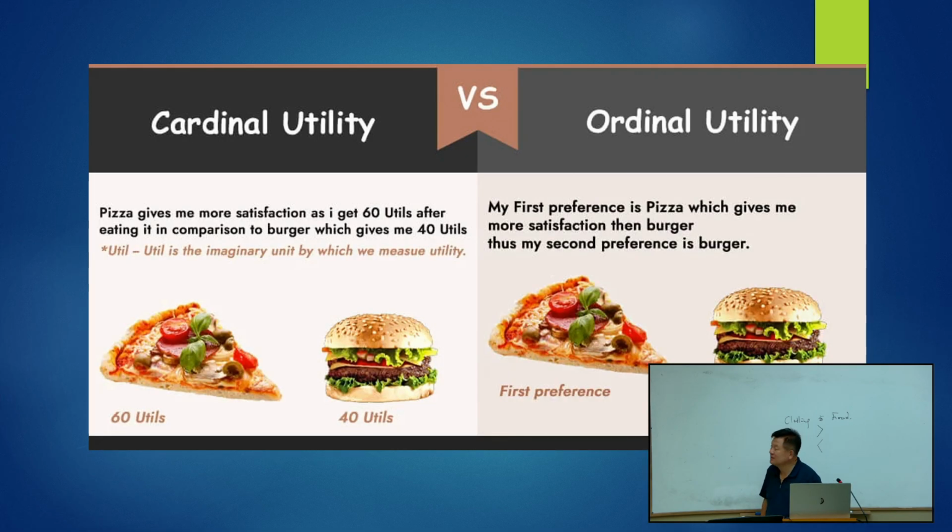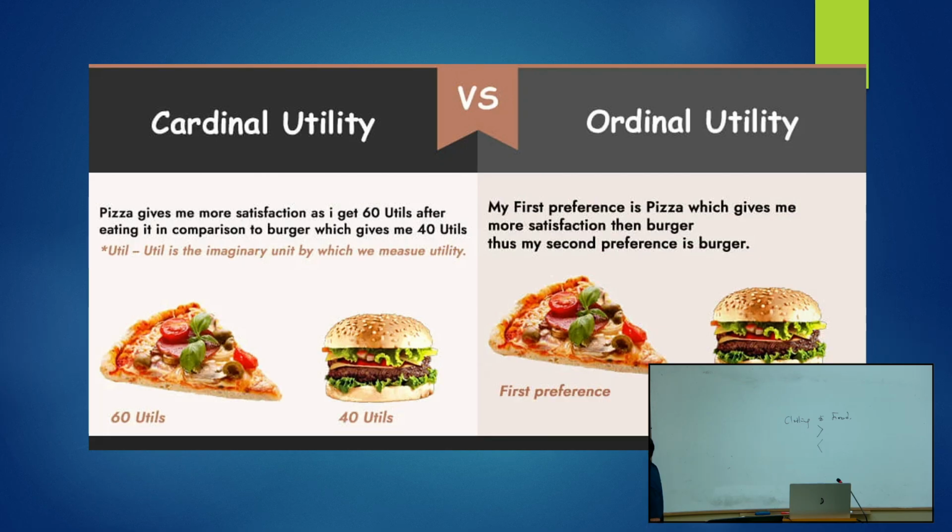Cardinal utility is, for example, pizza 60 units and 40 units of hamburger. This is cardinal utility.